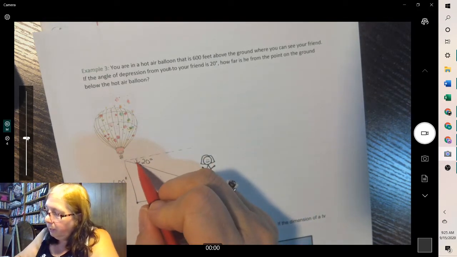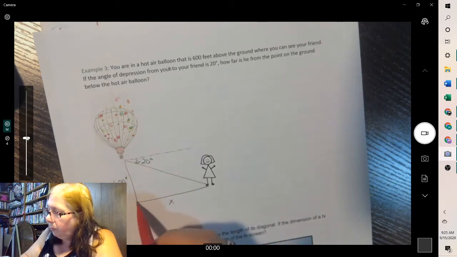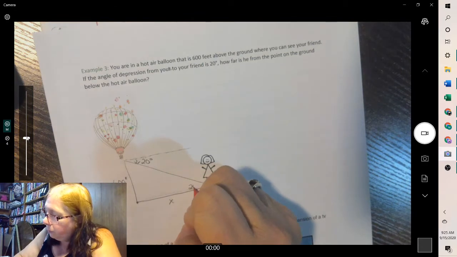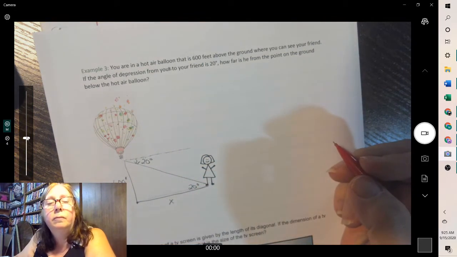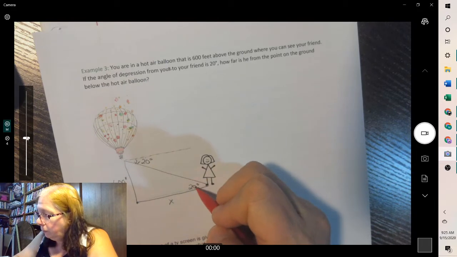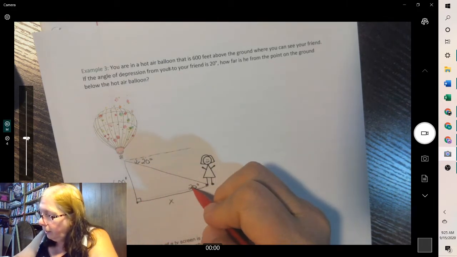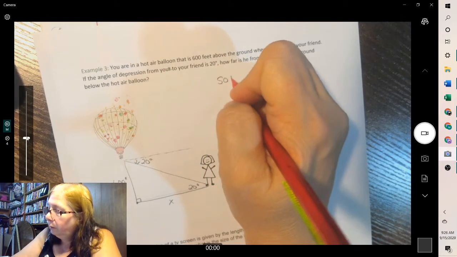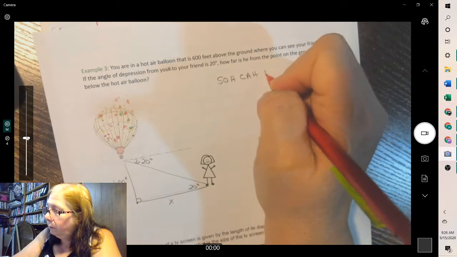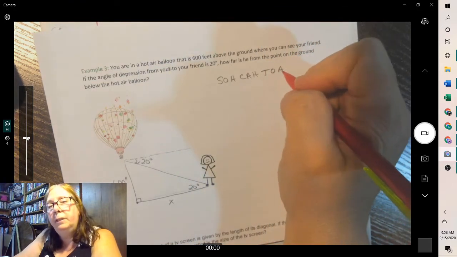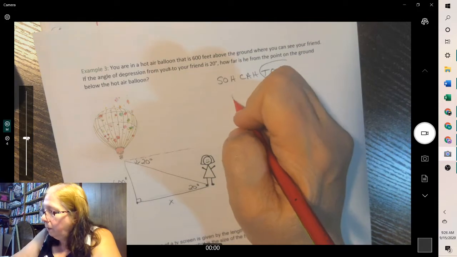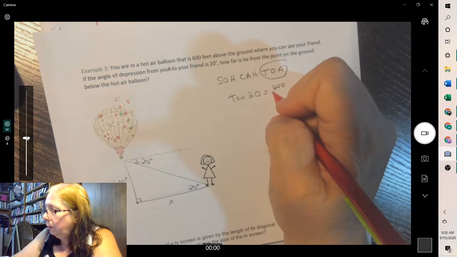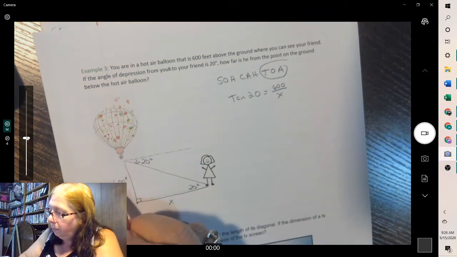Now, the angle of depression, notice these two are horizontal, so alternate interior angles are equal, so this is also 20 degrees. So we can use this angle. This is our right angle, and we have opposite over adjacent. Use SOHCAHTOA, opposite and adjacent is tangent. So the tangent of 20 equals opposite over adjacent.